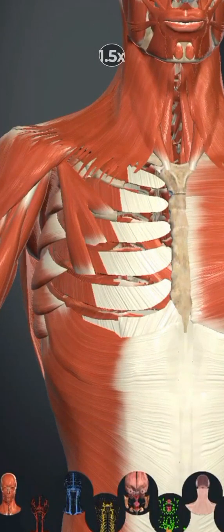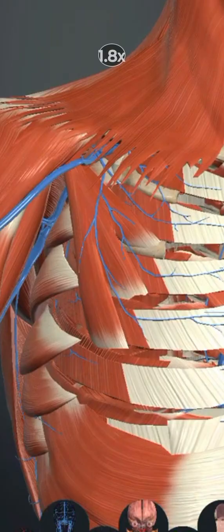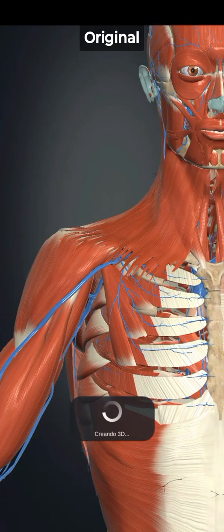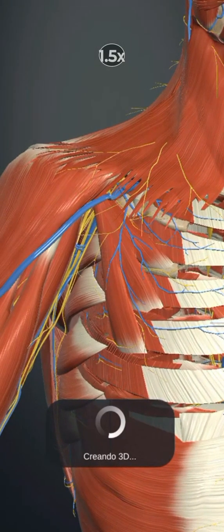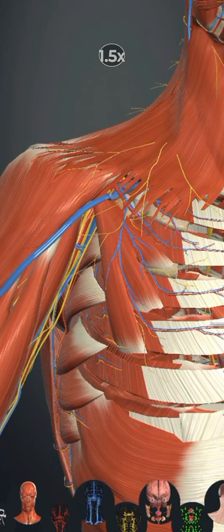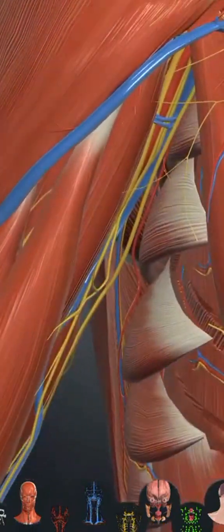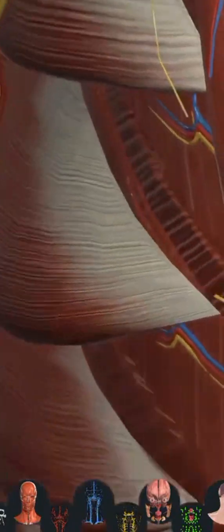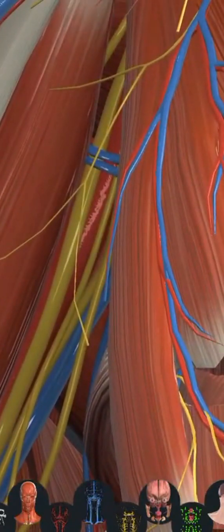Introduction. In this lecture, we will explore in depth the anatomical region known as the axilla, or axillary fossa. This region is of great importance in human anatomy, not only because of its structural complexity, but also due to its clinical relevance. The axilla can be defined as a pyramidal-shaped anatomical space, more precisely described as a truncated pyramid, located between the lateral wall of the thorax and the upper limb.